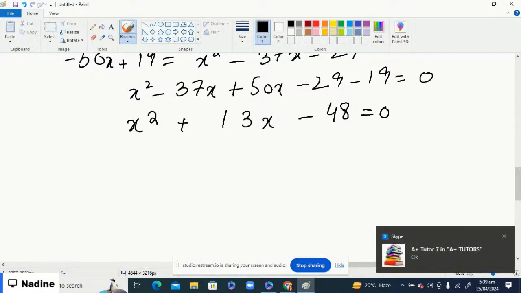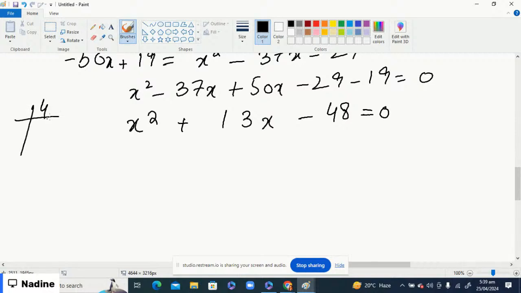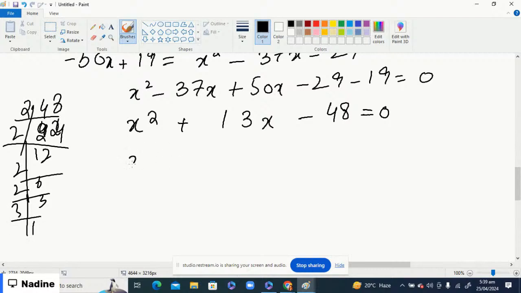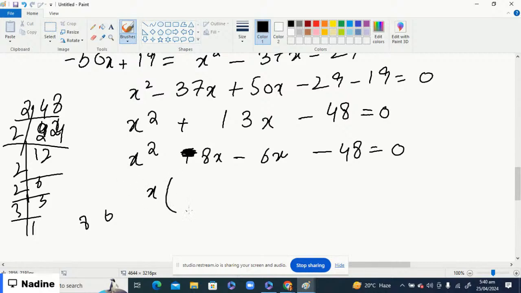Now to factorize it, how to factorize? To make the factors, let's check what the answer is.